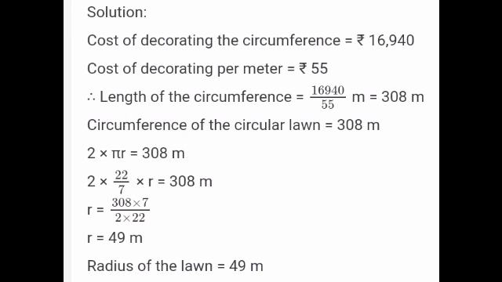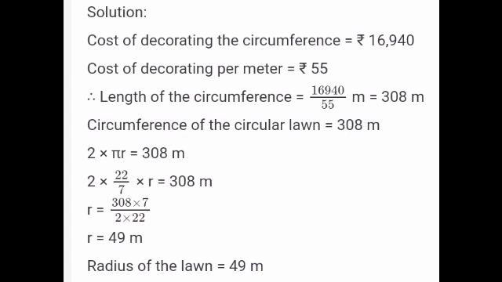Then the formula for circumference of a circle is what? 2 pi r, which is equal to 308 meter. Then substitute the value of pi, 22 by 7. So 2 into 22 by 7 into r equal to 308.